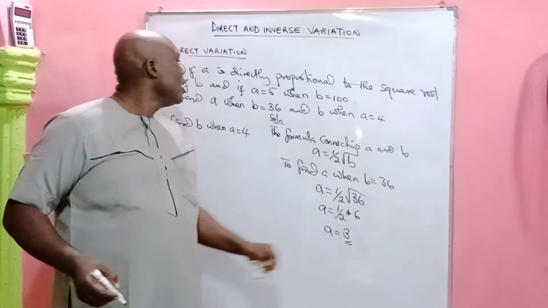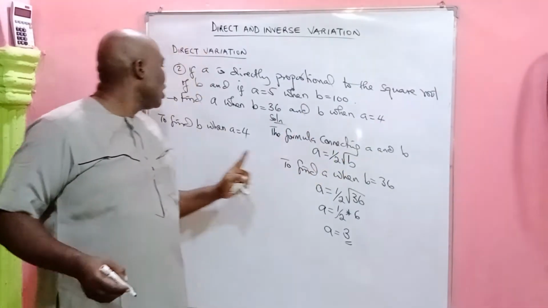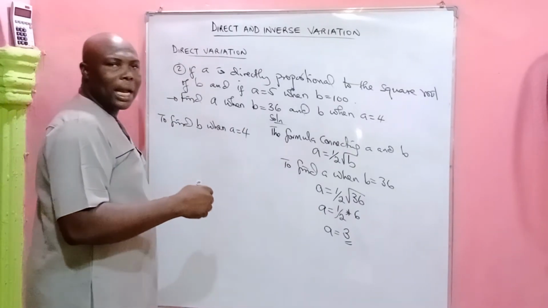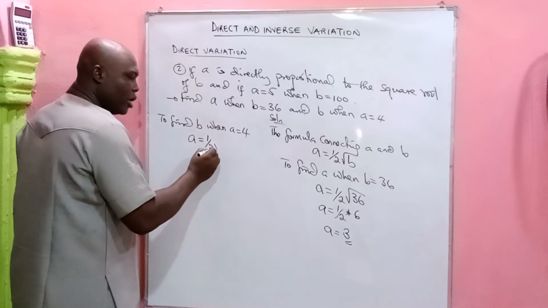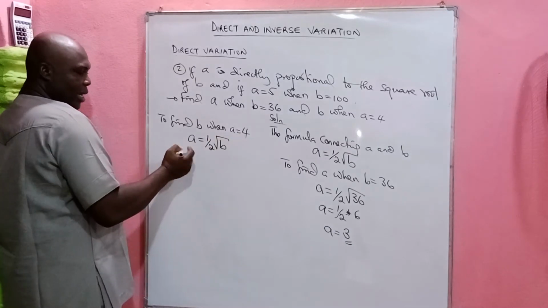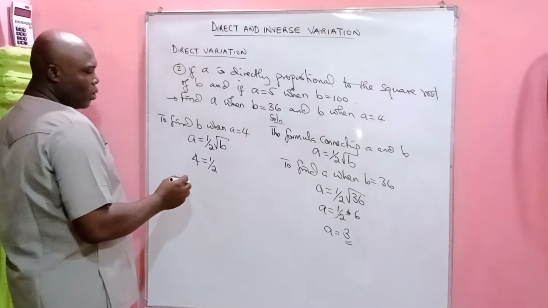We've gotten A. This time around we want to find B when A is 4. That's why we wrote to find B when A is 4. We still need to bring the formula connecting them, which is A is equal to half of the square root of B. So A is 4, 4 is equal to half of the square root of B.